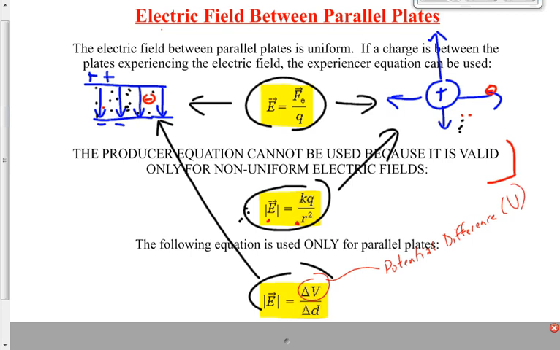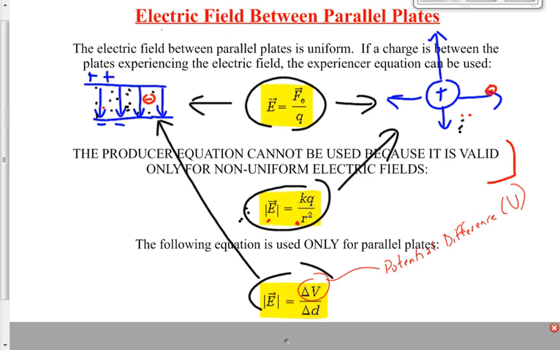I'm going to tell you kind of what it means, and then in a couple of days, we're going to describe that in more detail. For now, just trust me that it relates to the energy of the charges, the difference in energy of the charges. So it's not energy, but it's related to the energy. And that's good enough for now. Again, in a couple of days, we'll be a little bit more specific on that.